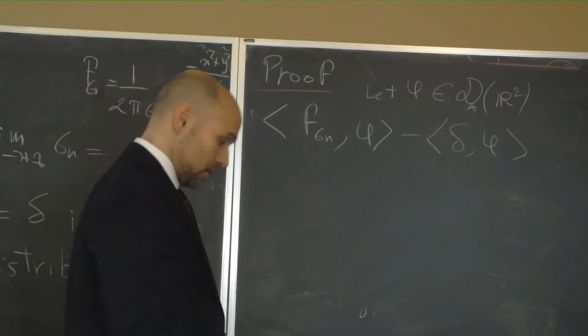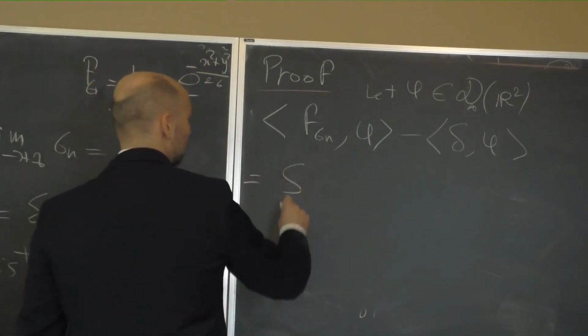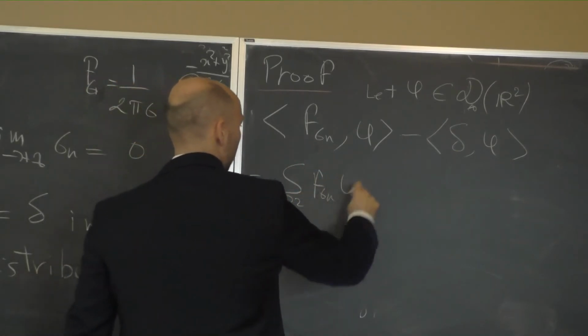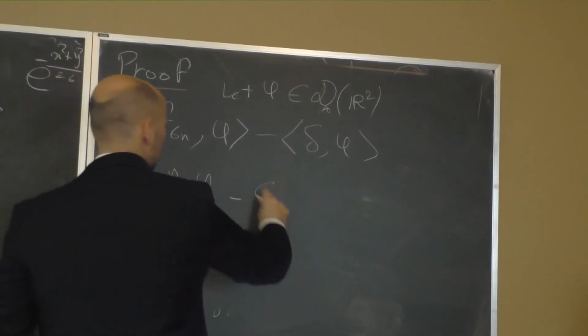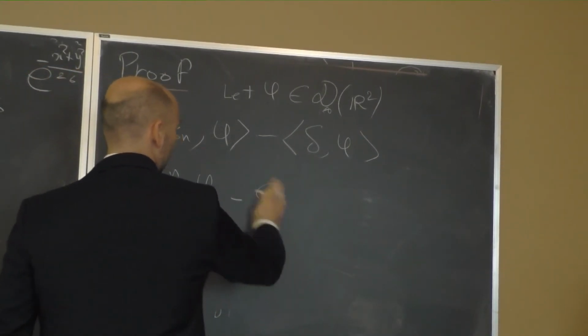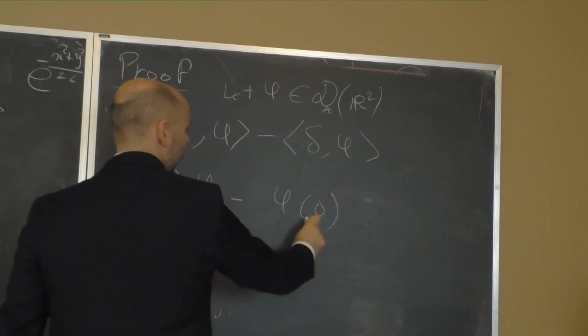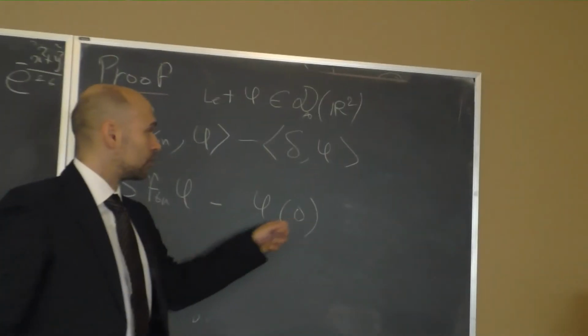All right. So I can write it like that. Minus, sorry, this is phi of 0, so the origin in R2.